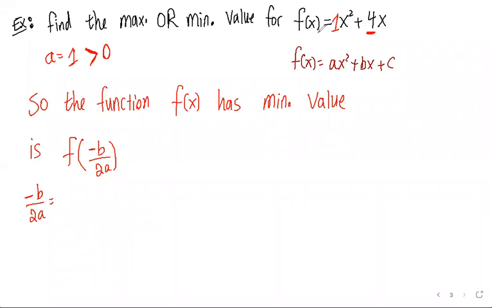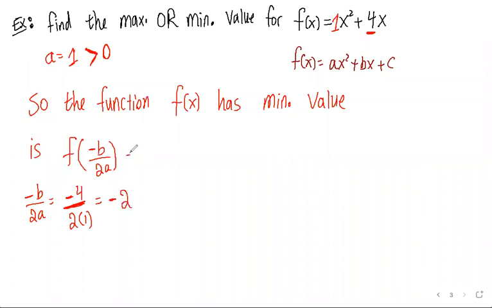So my function is f of x equal 1 x squared plus 4x. So my a is 1, my b is 4, the coefficient for x. So here I get minus 4 over 2 times 1. The answer is minus 4 over 2, which is minus 2.